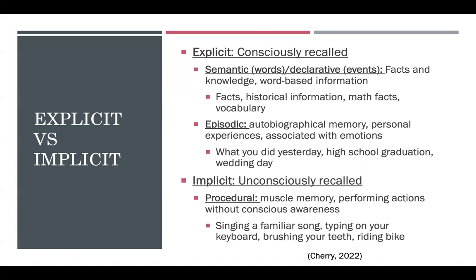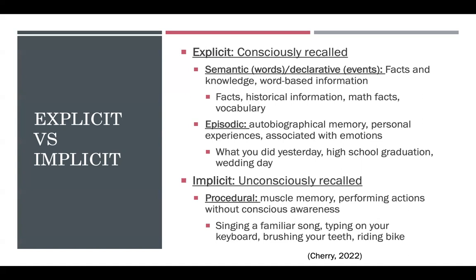Our implicit memory is an enhanced performance on a task as a result of our prior experience, despite having no conscious awareness of recollecting the prior experience. It is information remembered unconsciously and effortlessly and can be automatic over time with repetition.